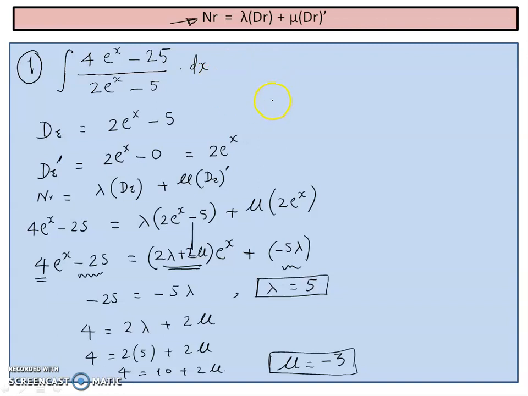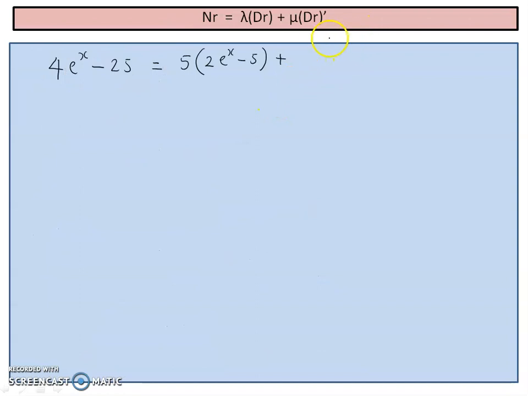Derivative of denominator is 2e raised to x. So into minus 3 times 2e raised to x.